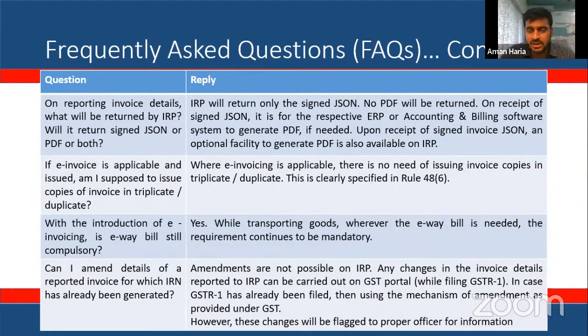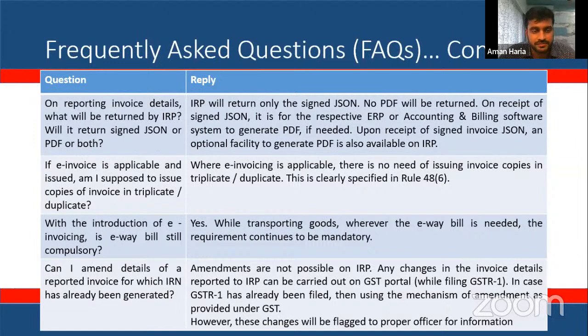Also, the government has provided a separate utility wherein if you upload the signed JSON copy, it also generates a PDF, but that is a separate process and not linked with your IRN. So basically, if you want to generate a PDF of the e-invoice, you need to do an additional process of taking that signed JSON which contains the IRN and the QR code and putting it in another utility.